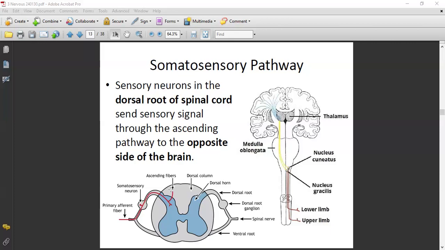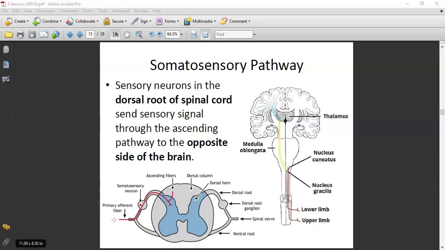So in the dorsal, not inside the spinal cord but extending from it, we call this the dorsal root of the spinal cord. Here you have a neuron. You have one neuron here with a very long fiber reaching out to your skin.